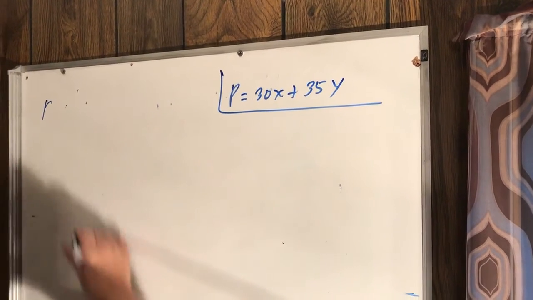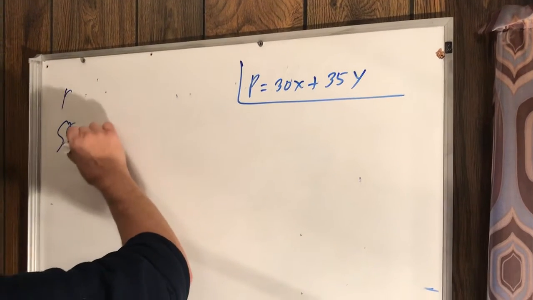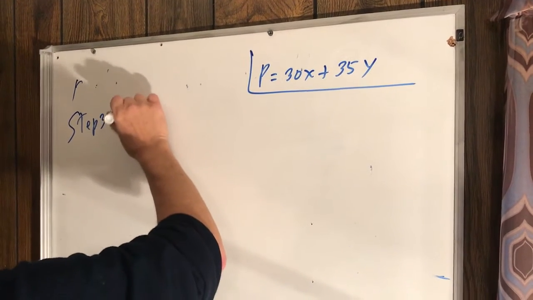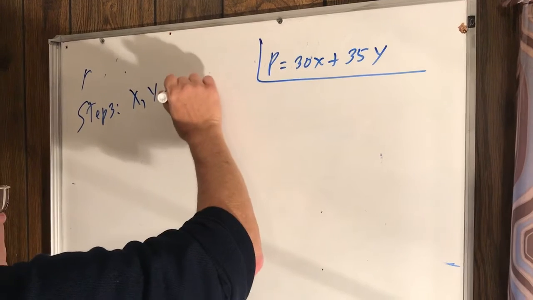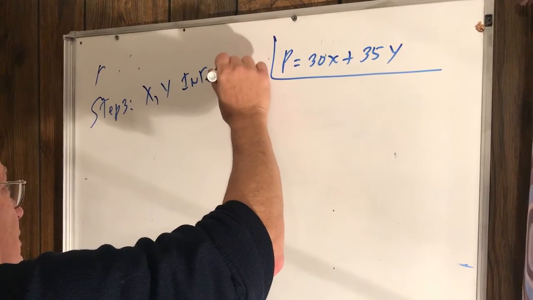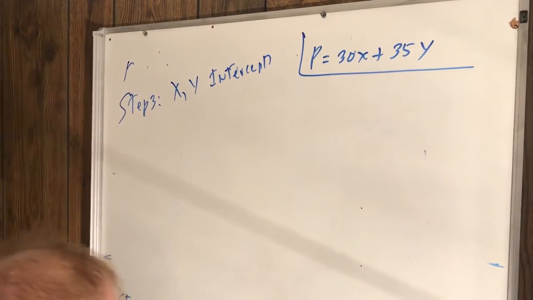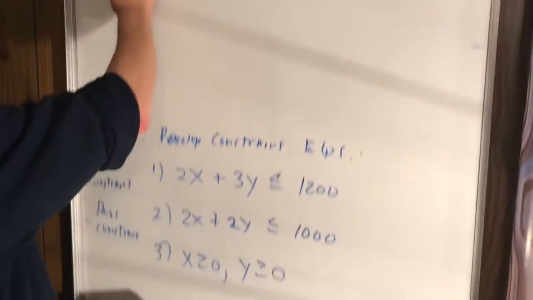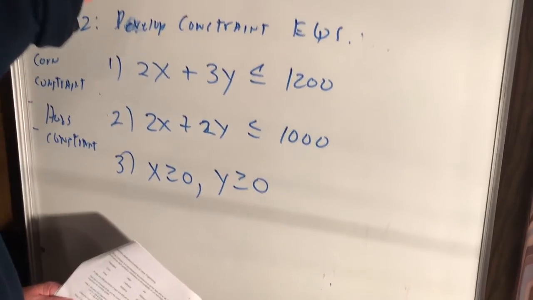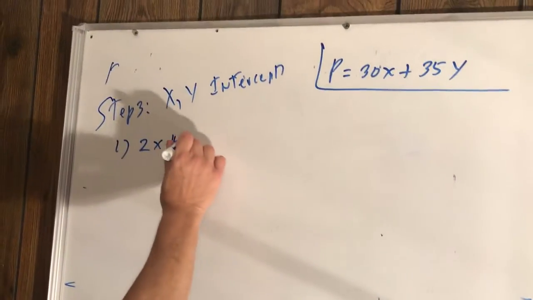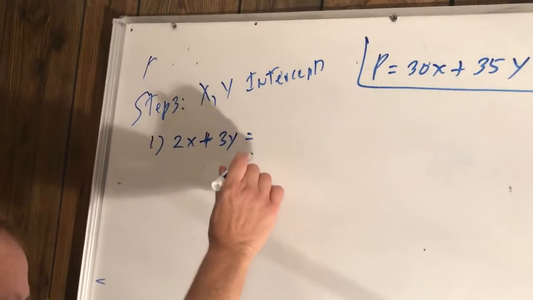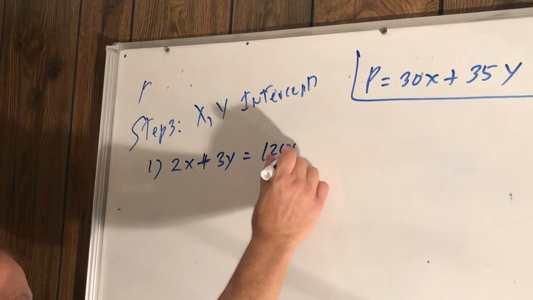Okay, so step 3, find the x and y intercepts. Let's take the corn constraint, 2x plus 3y, and we make that an equality, 1200.